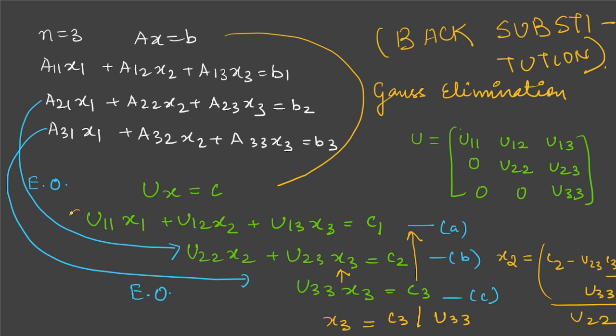These are called equivalent equations because they have the same solution as the three original equations, but it was very difficult to compute the solution from the original equations. So Gauss elimination is a direct method. We convert the original equations to the equivalent ones using elementary operations and then evaluate the solution. I hope it's clear.